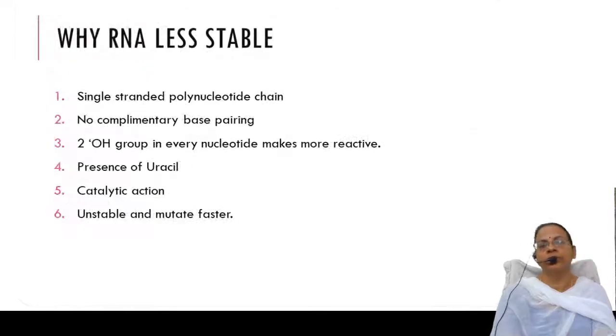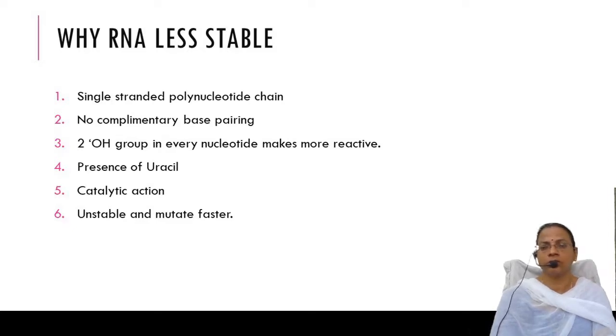Now we'll move on to the next topic. When we compare DNA and RNA, which molecule is more stable and which molecule is less stable? Of course, we have learned in the previous topic that RNA is less stable. Why is it so?